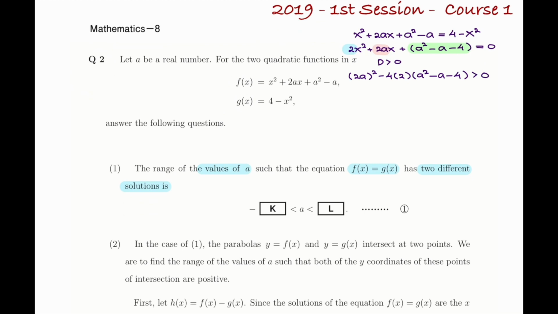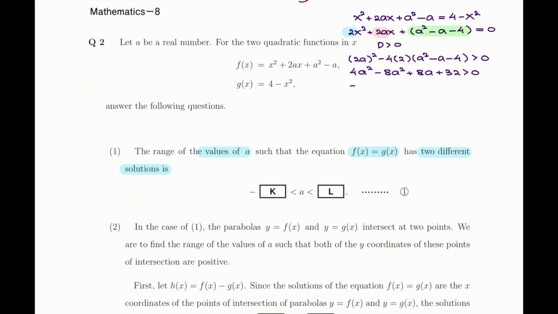If we simplify this expression, we will get 4a squared minus 8a squared plus 8a plus 32 greater than 0, and then negative 4a squared plus 8a plus 32 greater than 0.